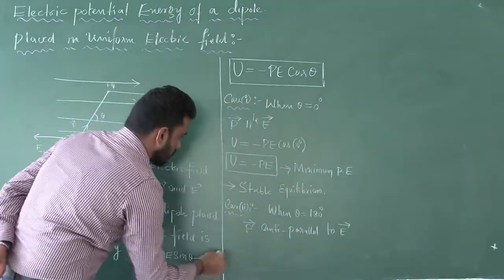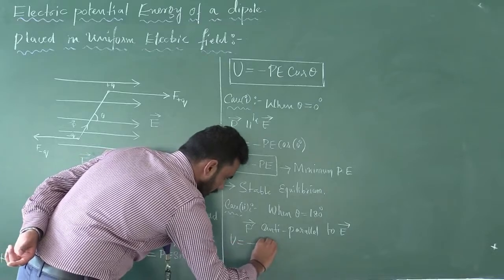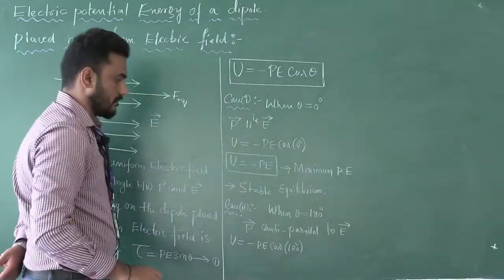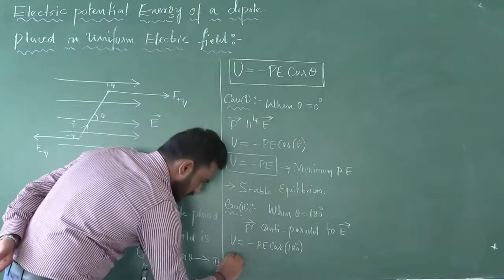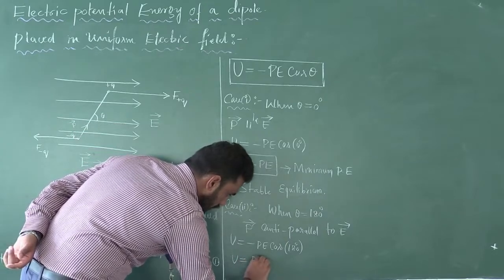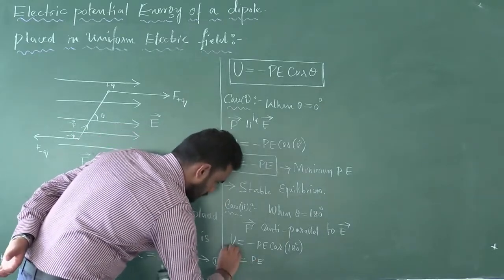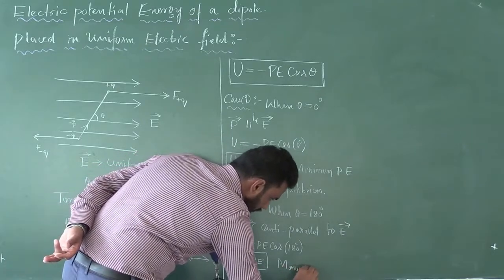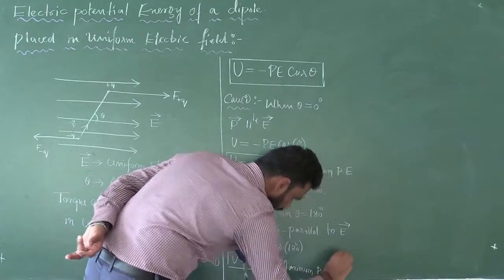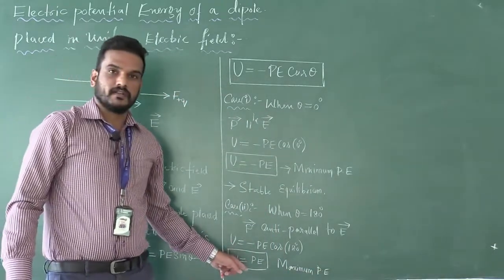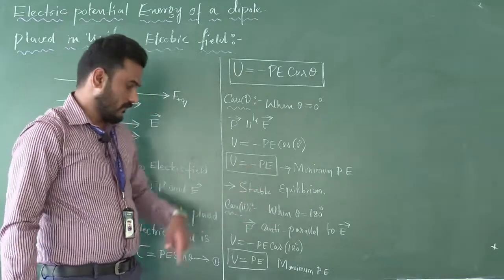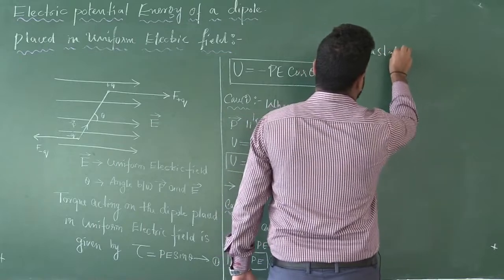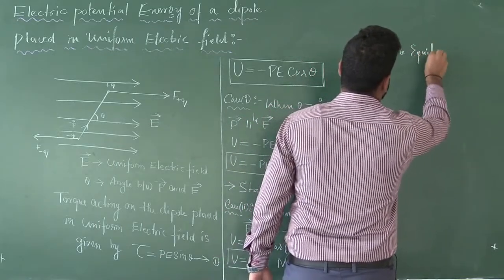By using this equation, U is equal to minus PE cos theta, theta is 180 degree. Cos 180 is minus 1, minus into minus is plus. So U is equal to P into E. Maximum potential energy. In this position, the dipole will be in unstable equilibrium.